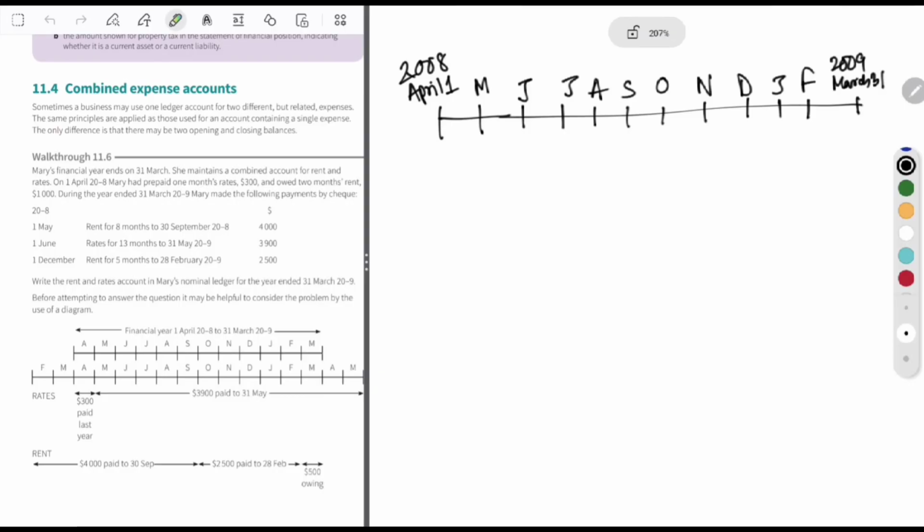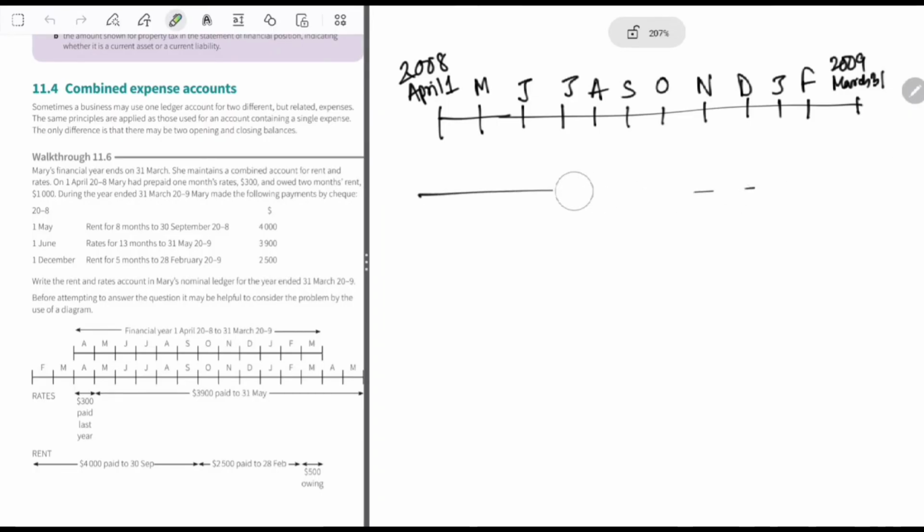So this is what is given to us. You can see the diagram here. This is our financial year from 1st April to 31st March 2009, the same thing that I have drawn here.